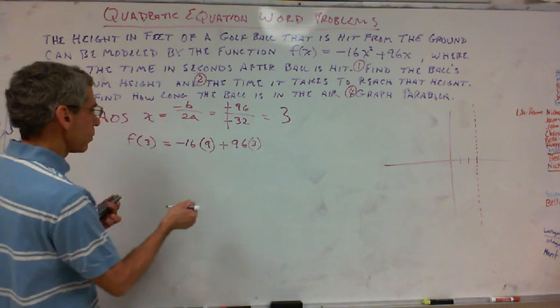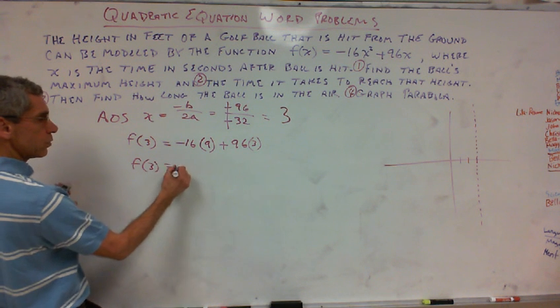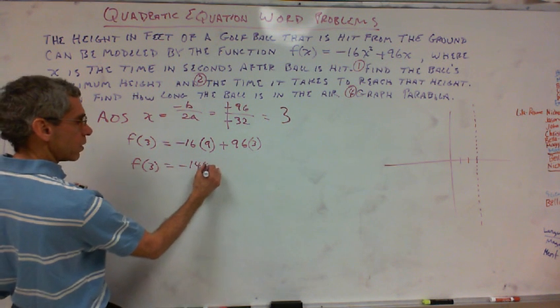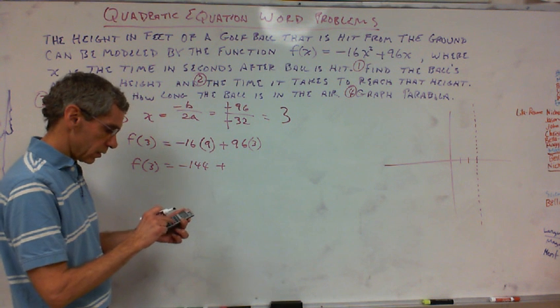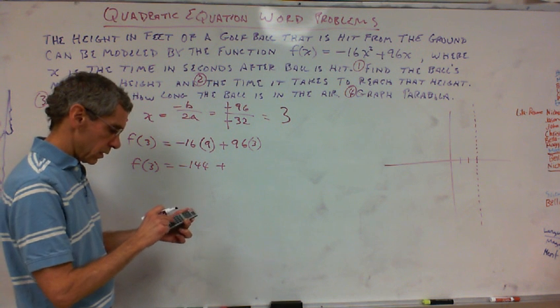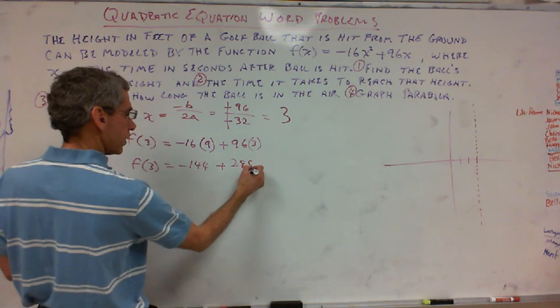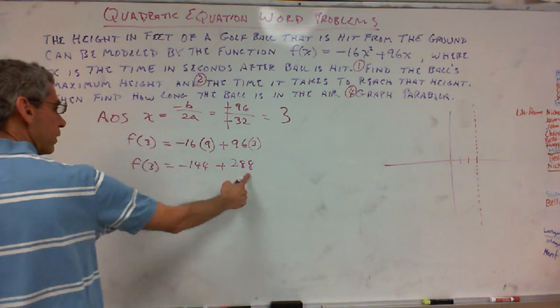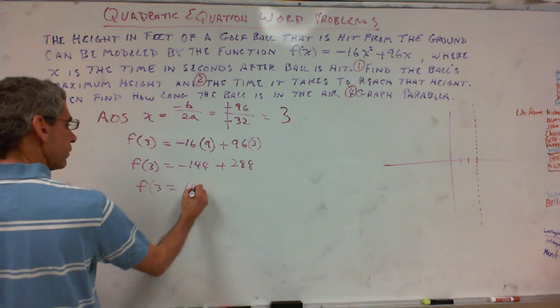Okay, 144. I should have known that. Okay, f of 3 is equal to negative 144 plus 96 times 3. 96 times 3 is equal to 288. Oh, wow, look at that. So subtract 144 from 288. f of 3 is equal to 144.